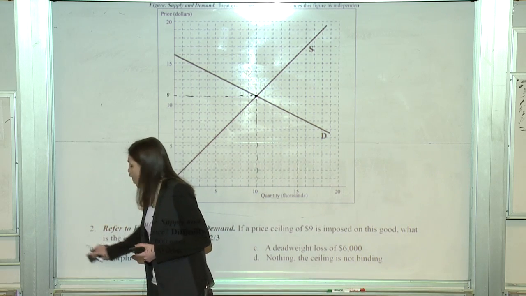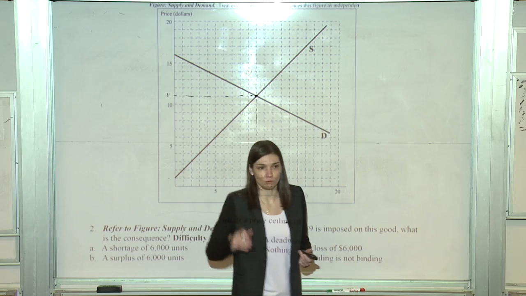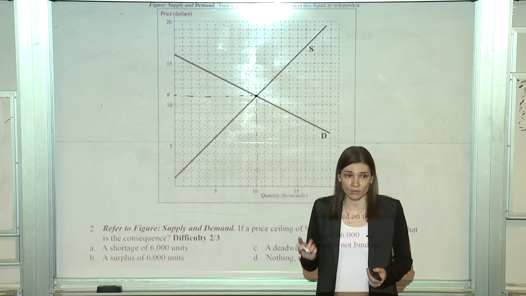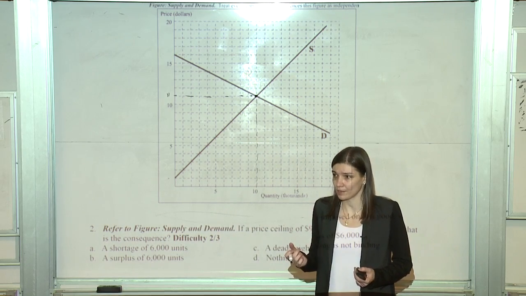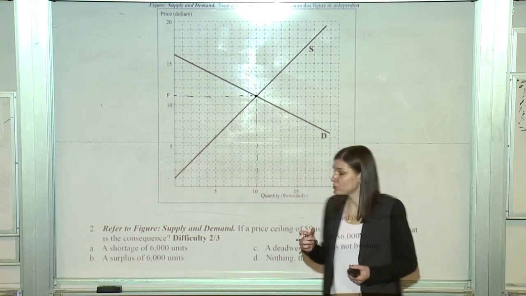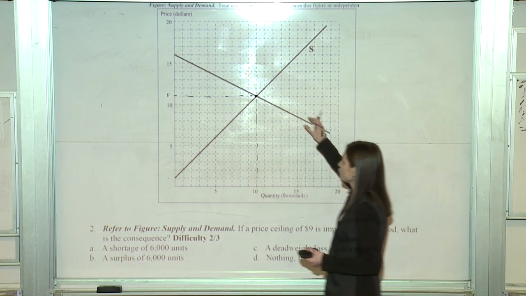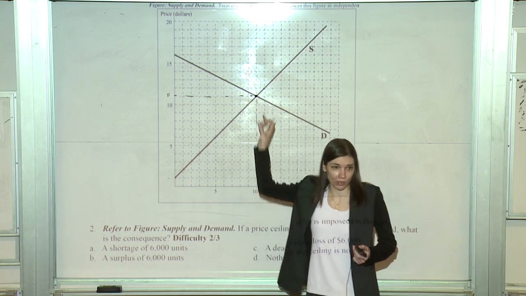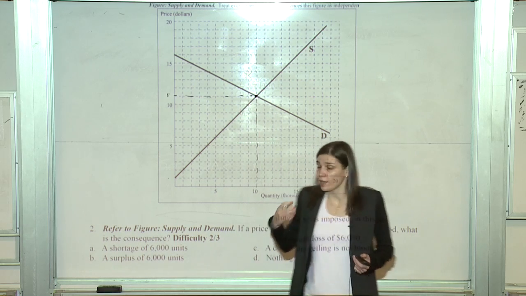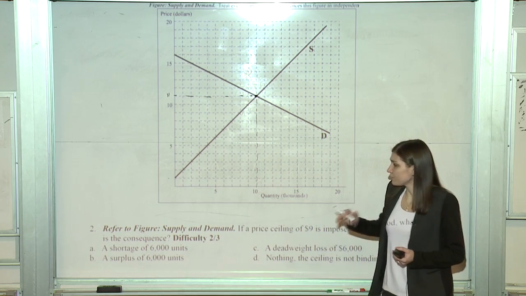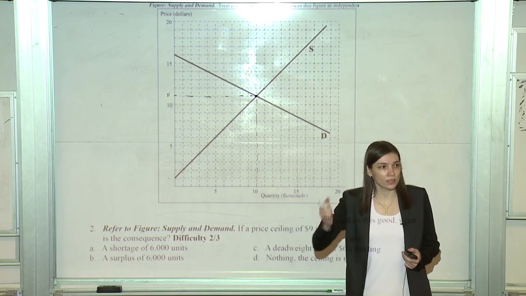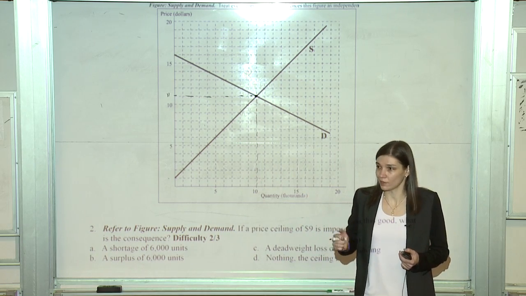Whenever we have a price ceiling or a price floor, the first question we need to ask ourselves is: is it binding or not binding? To answer that question, we first look at the original equilibrium, without any restrictions. Then we see, after the price floor or ceiling, is this original equilibrium still legal?